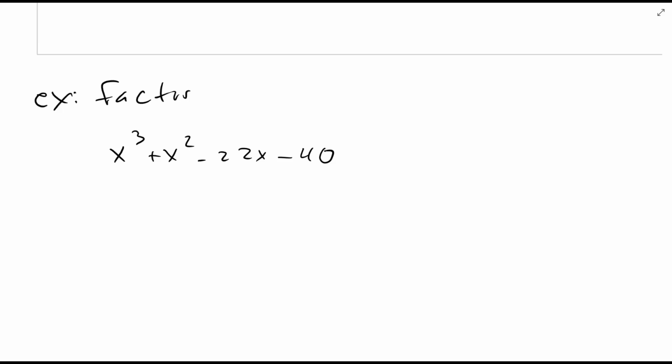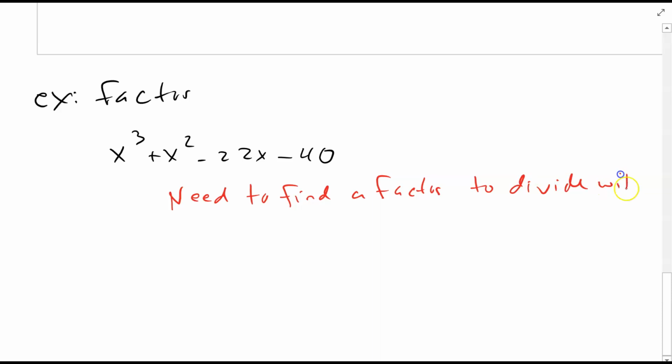And I don't give you some factor that we already know. That means that we're going to need to find a factor on our own to start this division with, or to use the division with. Yes? How many choices would I have? How many possible factors could this thing have?